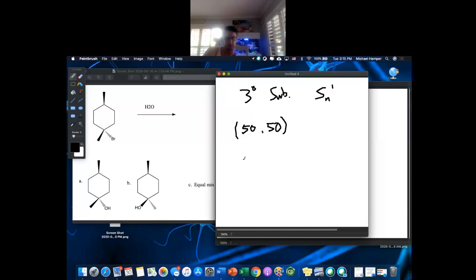So another way he could ask this is as a multiple choice question: which reaction will produce a racemic mixture? You just check which one is an SN1 reaction, and that will be the one that produces your racemic mixture.